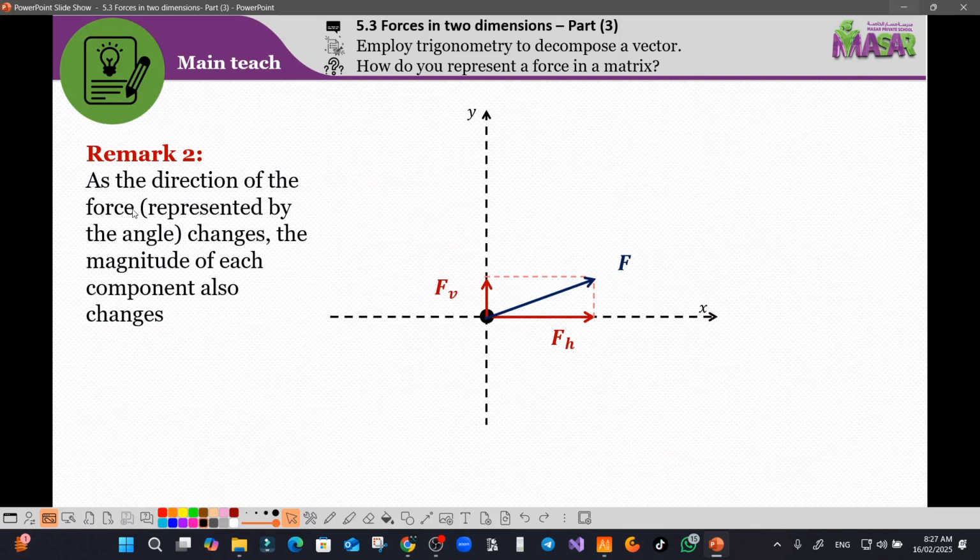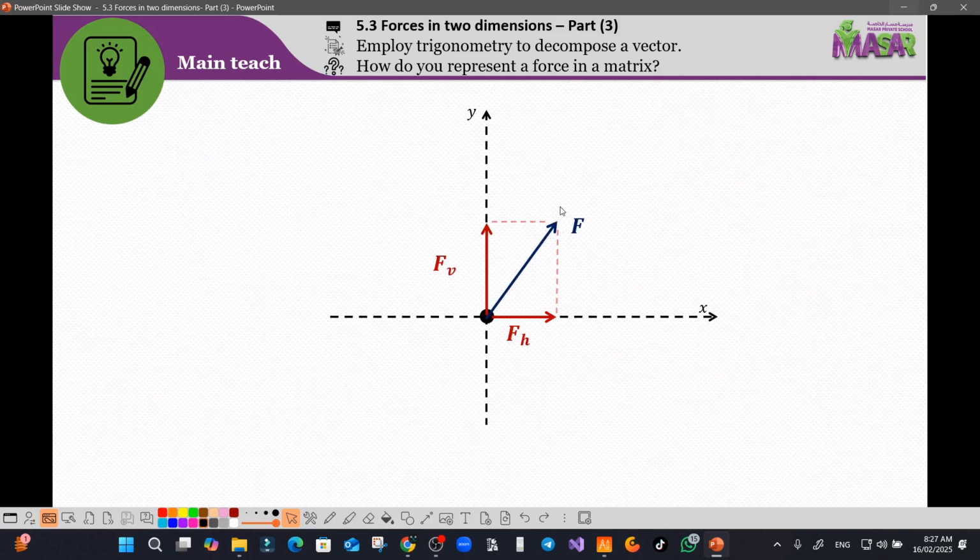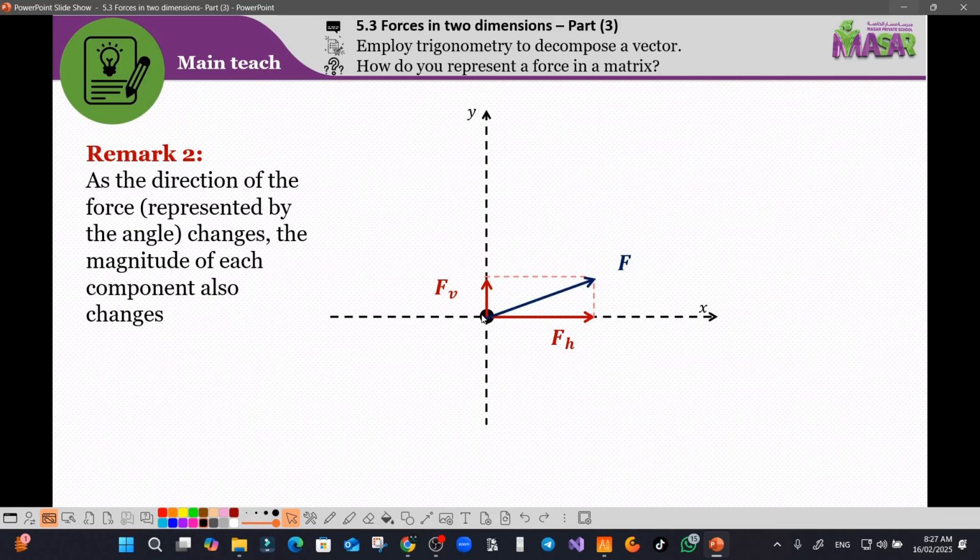Remark 2: as the direction of the force, represented by the angle, changes, the magnitude of each component also changes. So as theta increases, which means bringing F closer to the y-axis, F V will also increase. Let me get back to the previous sketch. We can see the length F V is this amount when F has this angle.